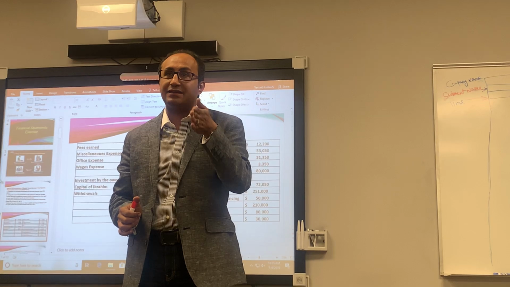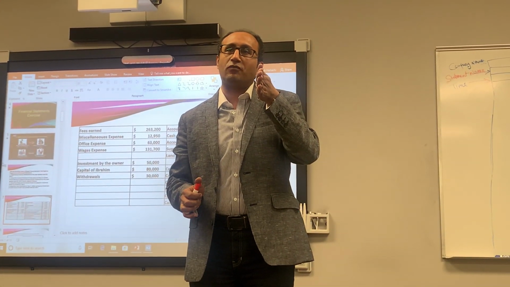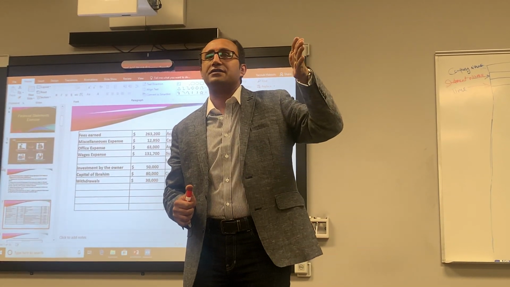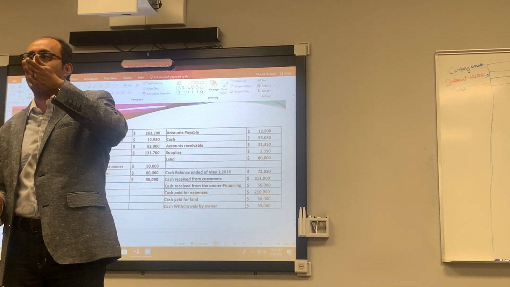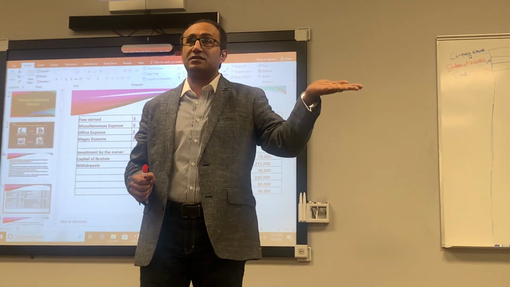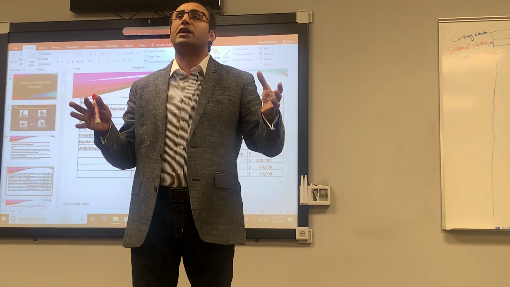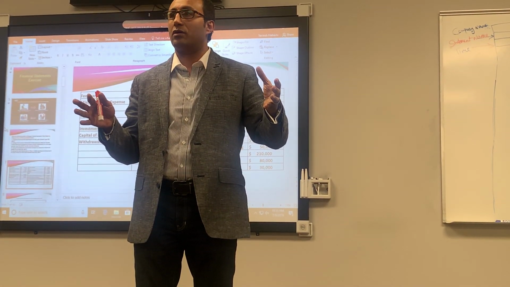You have to prepare the balance sheet at the end of the month, like 31 January, 28 February, 31 March. But the rest of the statements you prepare during the period your business works.